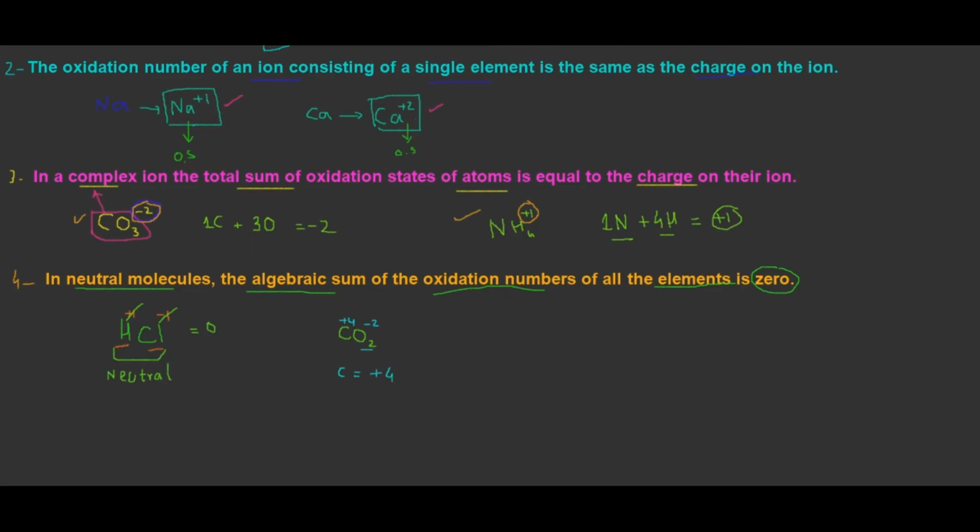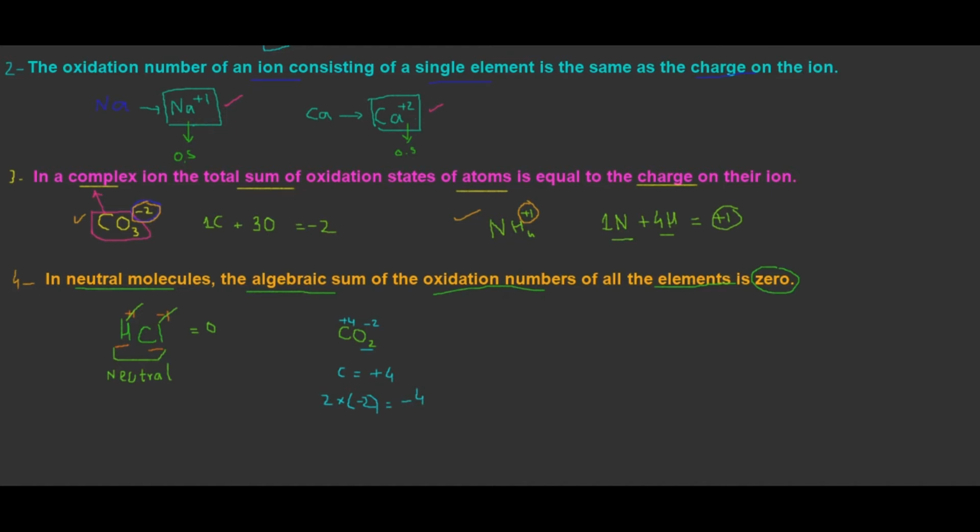So once you multiply 2 with minus 2, you will get minus 4.